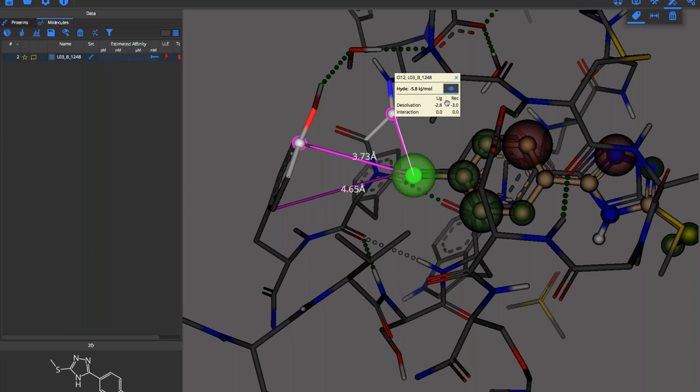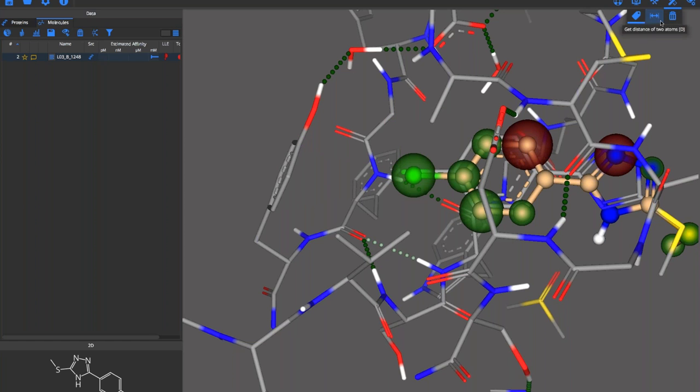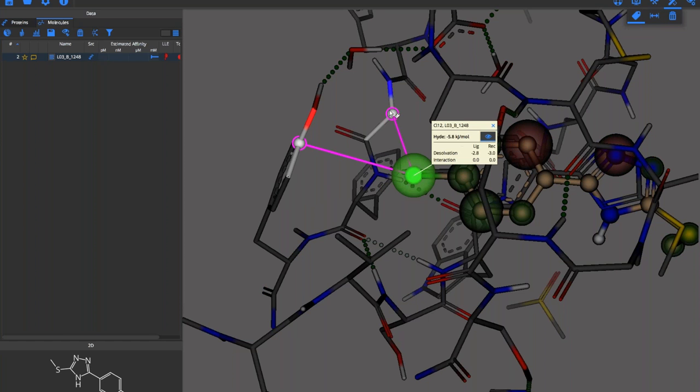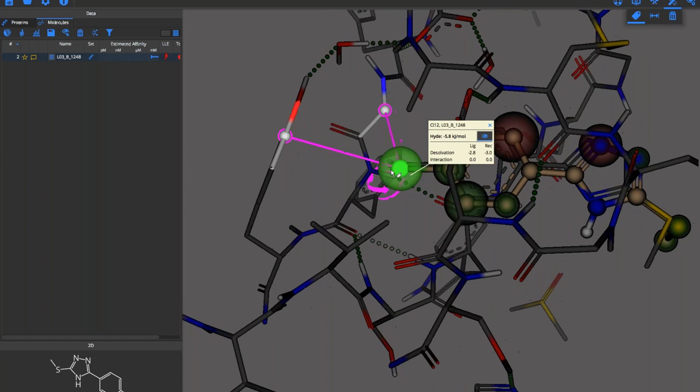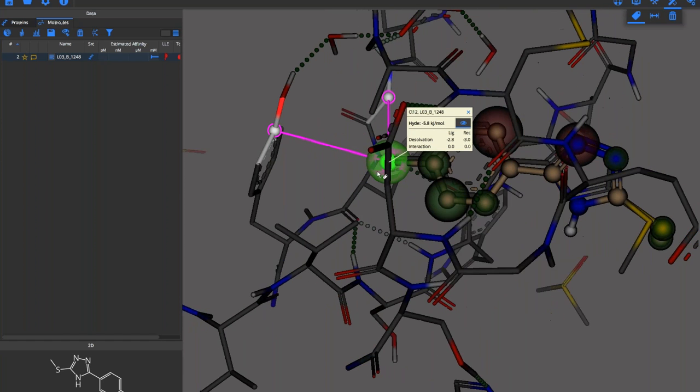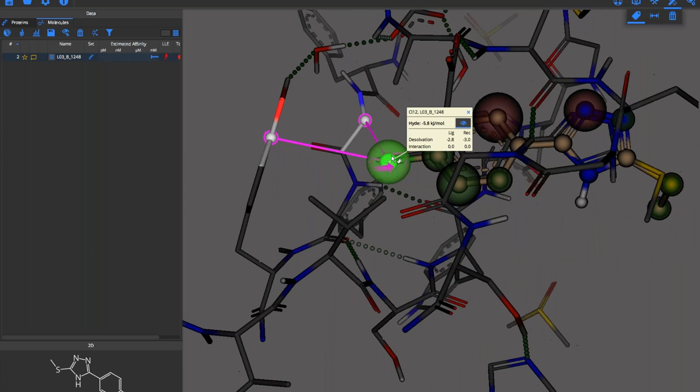So again, if we look at the interacting atoms here, let me quickly show this again. We see that only these two atoms are involved in this interaction between the chlorine and the protein.